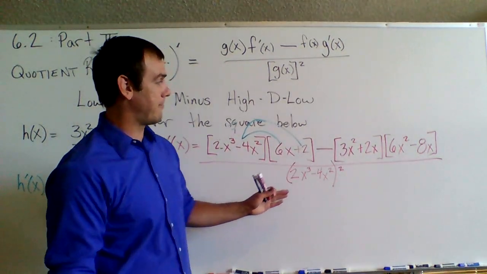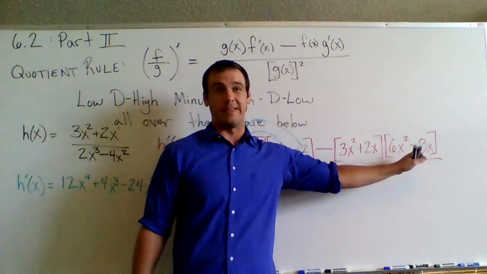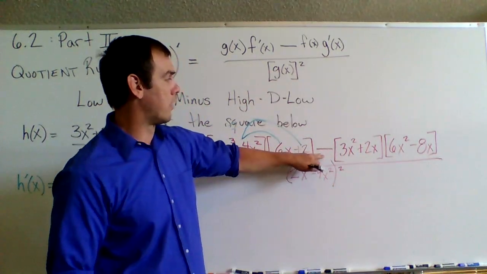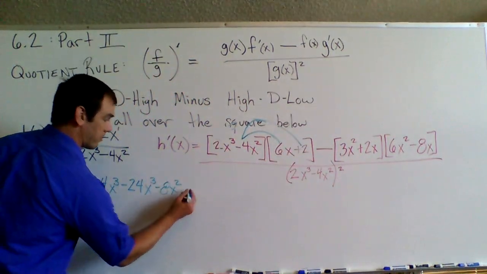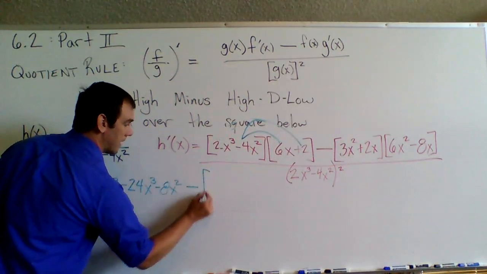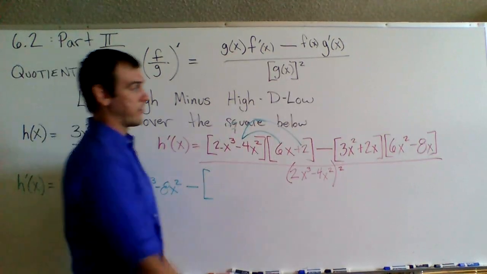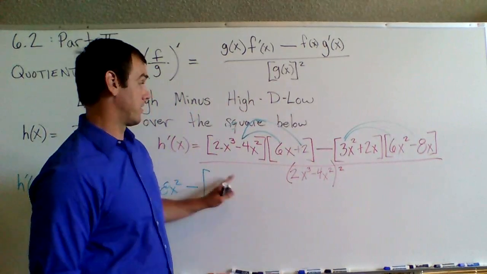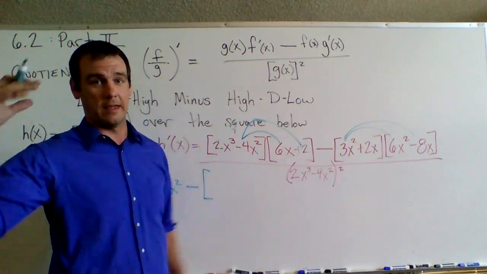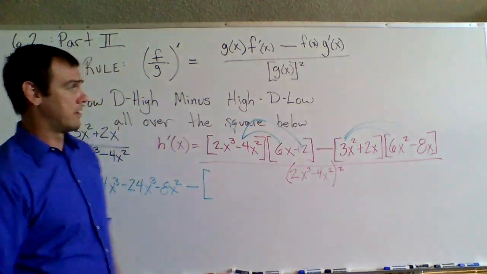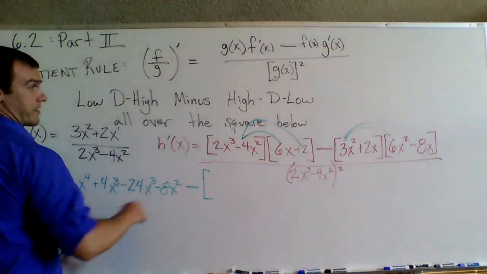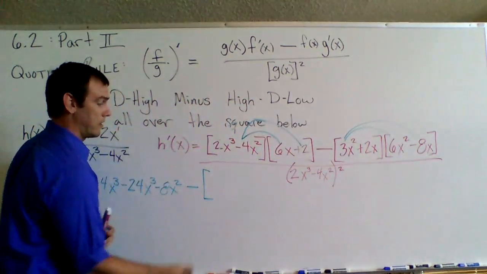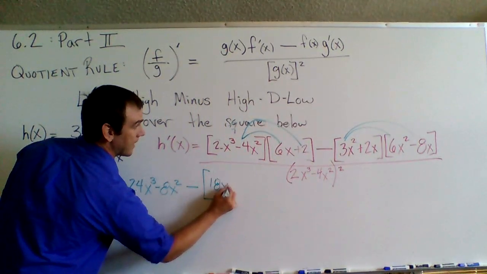Nice. All right, so there's so much going on here. I think last time I explained how I just kind of combined the negative with my negative 2x or something. What I'm going to do here is I'm just going to put a minus. I'm going to put brackets. So I'm just going to distribute this stuff, and then next step, I'm going to distribute my negative, because I can't do that much in my head at once. So minus all of 3x squared times 6x squared, 18x to the fourth.